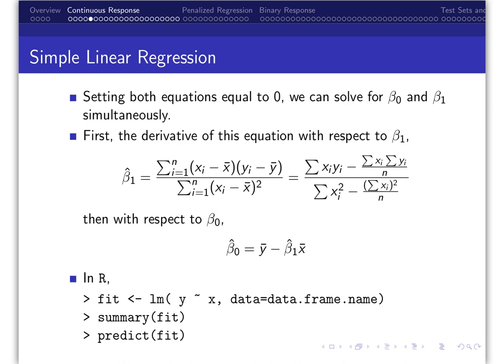Of course, we won't be using these formulas in this course, but rather we will use R to fit a linear regression model for us. The function for fitting a linear model is lm, and the response is modeled by the predictor variable, which, if these are stored in a data frame, the name of the data frame is passed to the data argument.